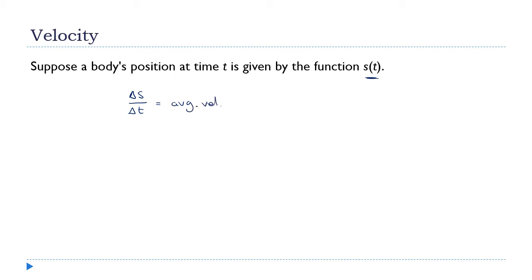And if I take the limit as delta t goes to 0 of the average velocity, we get the instantaneous velocity.